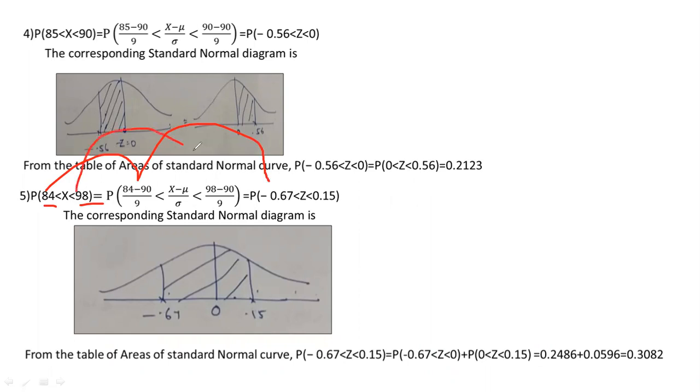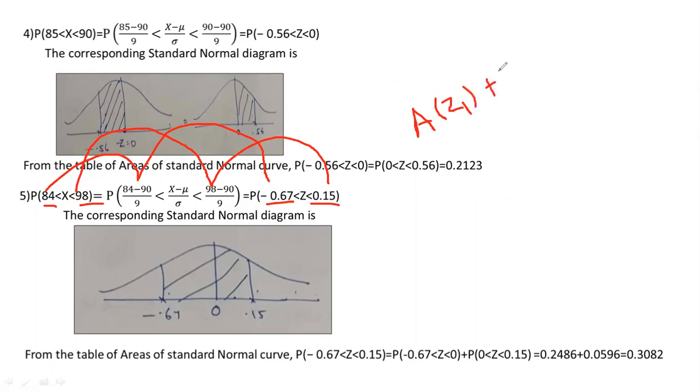When x value is 98, the respective z score is 98 minus 90 divided by 9, where x is 98, mu is 90 and standard deviation is 9. The simplified value is 0.89. So one value is negative and one value is positive. As we saw in the last example, when one z score is negative, the formula will be A of z1 plus A of z2.